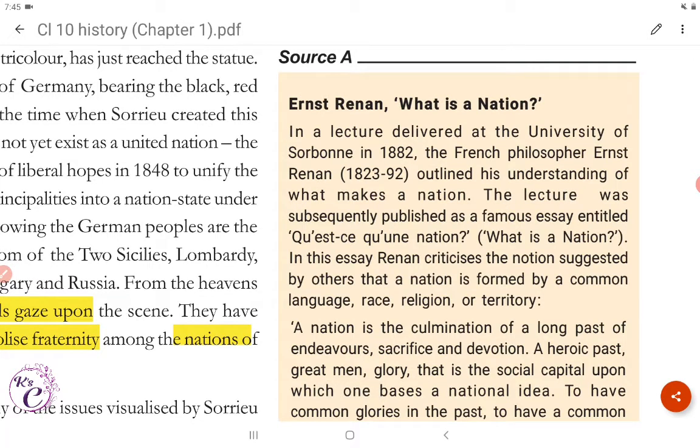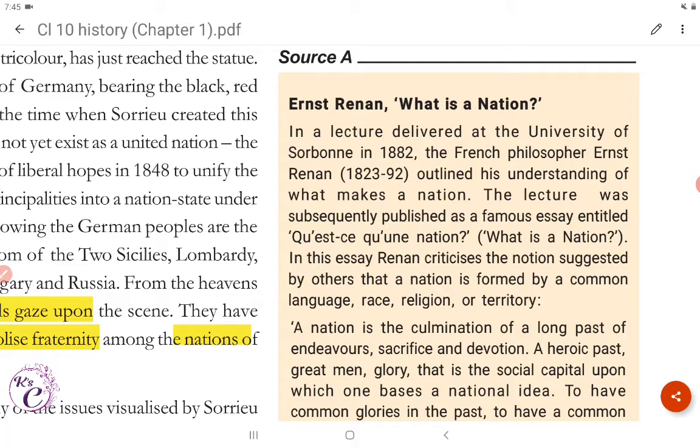In a lecture delivered at the University of Sorbonne in 1882, the French philosopher Ernst Renan (1823 to 92) outlined his understanding of what makes a nation.